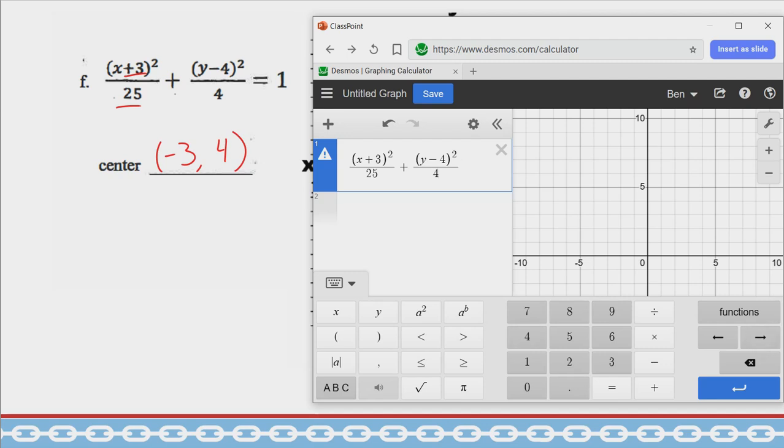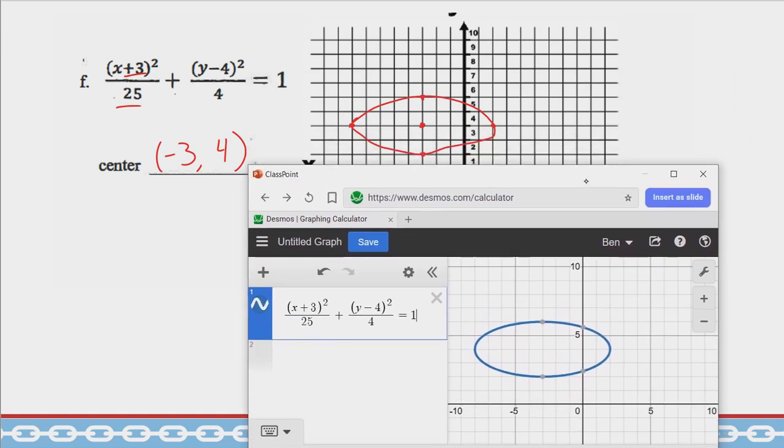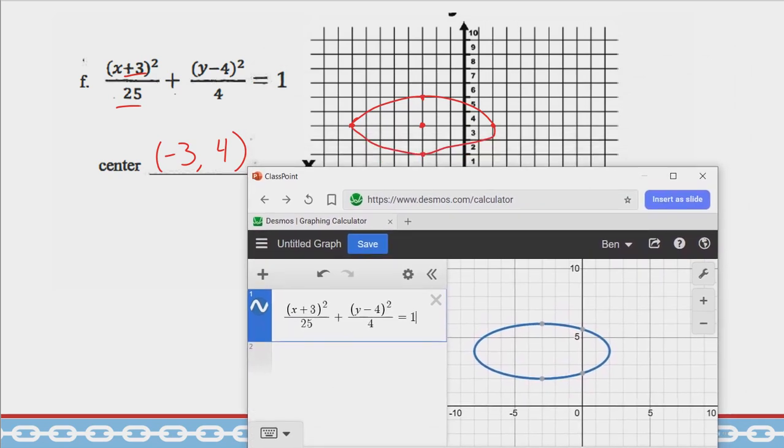And then equals 1. Right, so I see that oblong circle, not really circle, oval, which mathematically we should be calling an ellipse. Right, so the Desmos version and my version are similar, at least. Theirs is obviously true and perfect, where mine is kind of not.